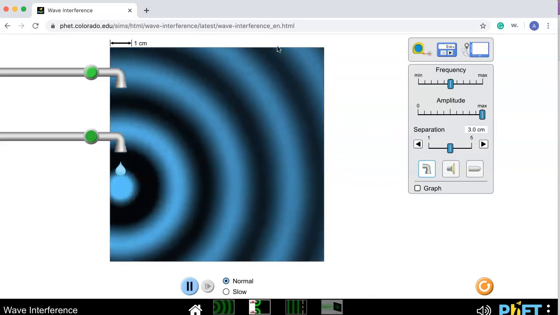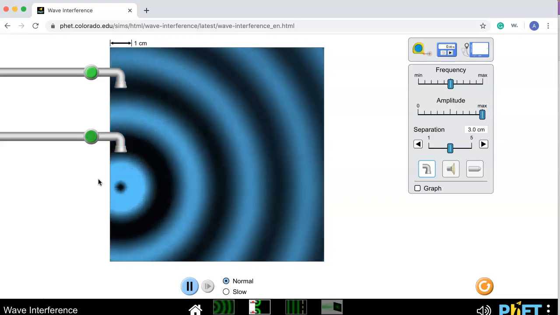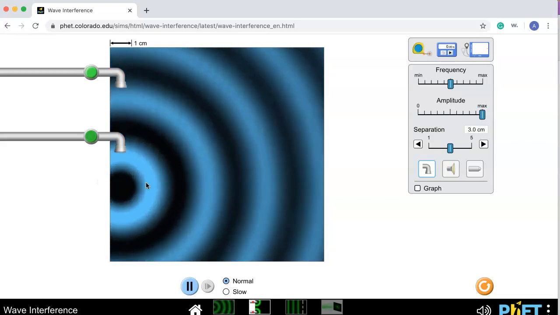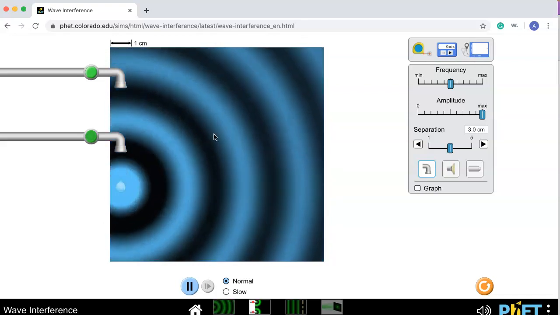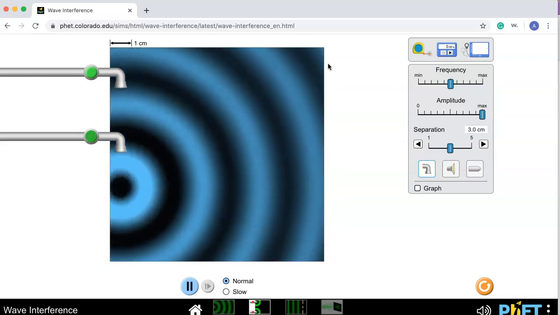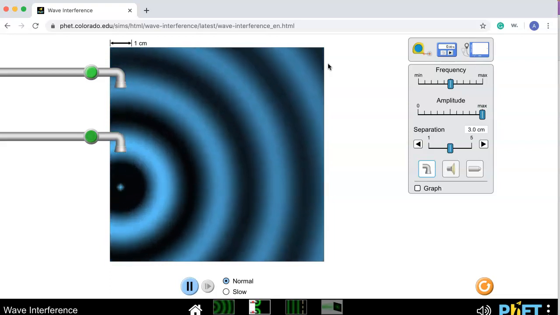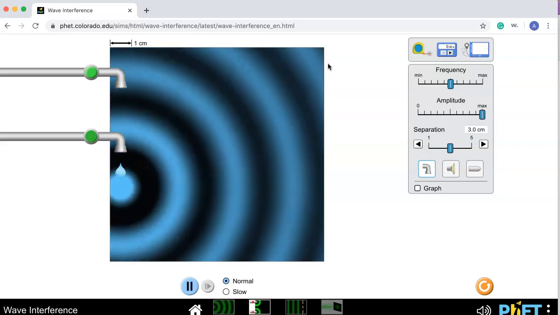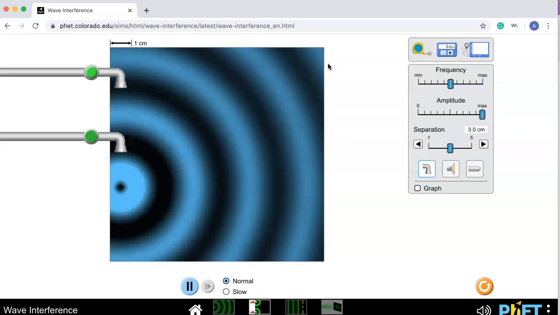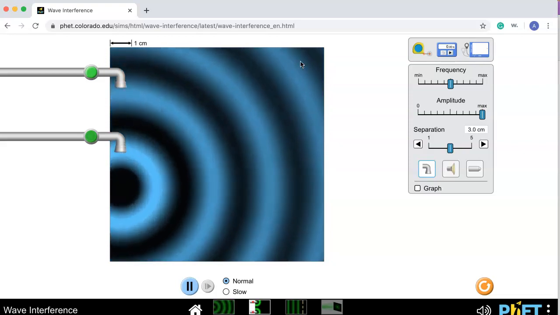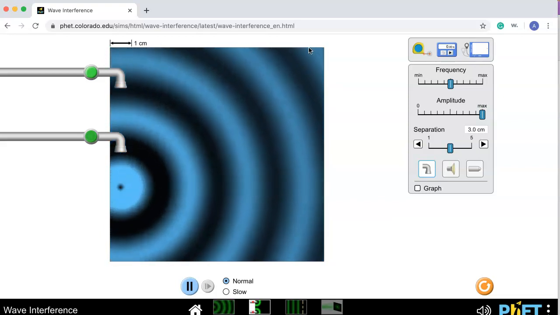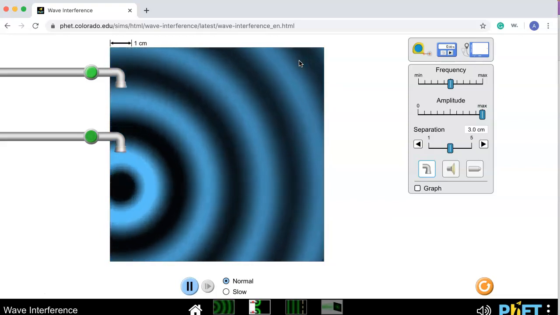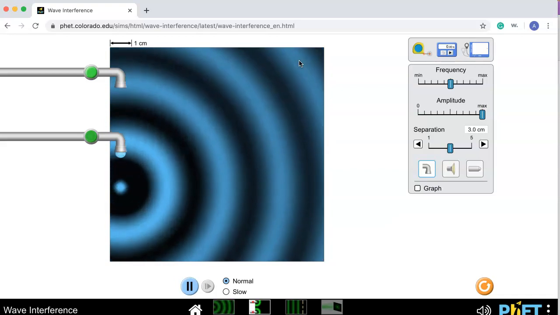The amplitude is going down as you move farther away, you can see that in the sense that it's brighter close and becomes darker as it moves away. The color shows the displacement, and if your amplitude at some point is smaller, then you have smaller displacements.